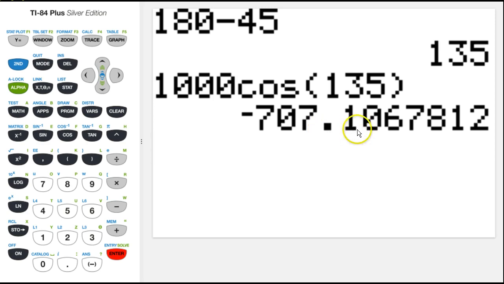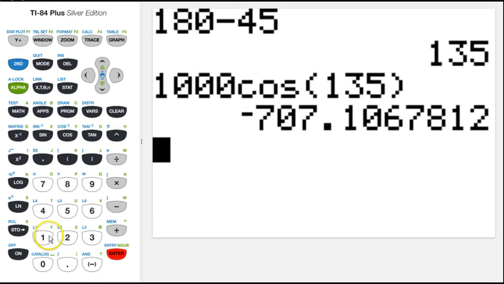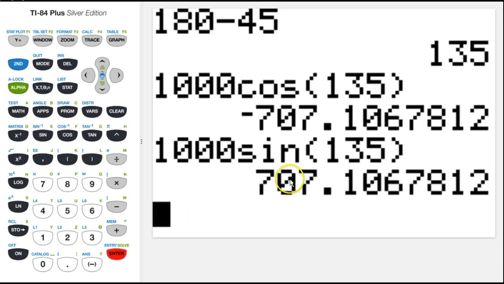What do I want to round to? Now, r sine theta, that's 1,000 sine 135. So the vertical component is 707.1.